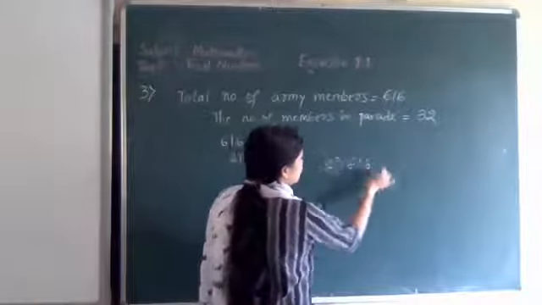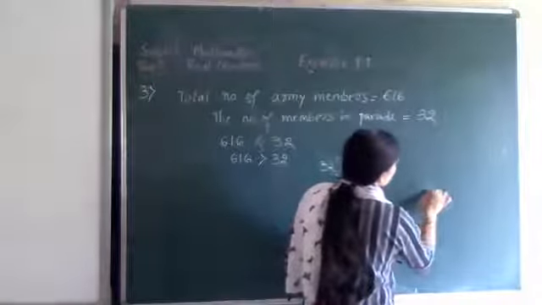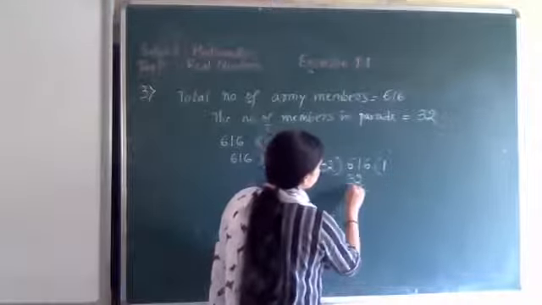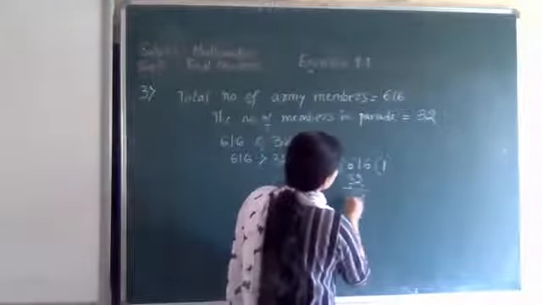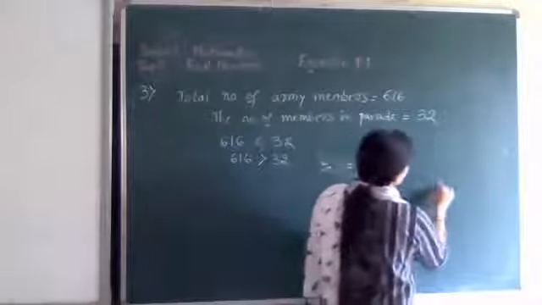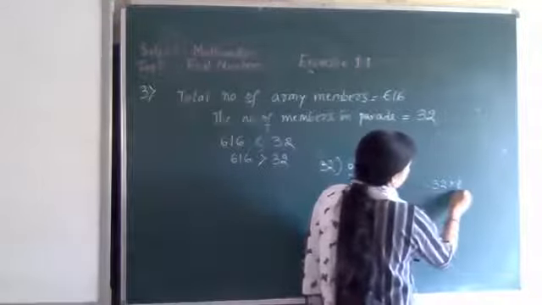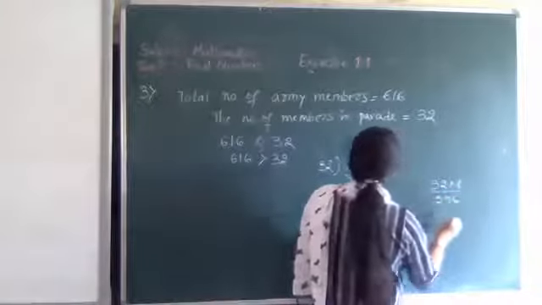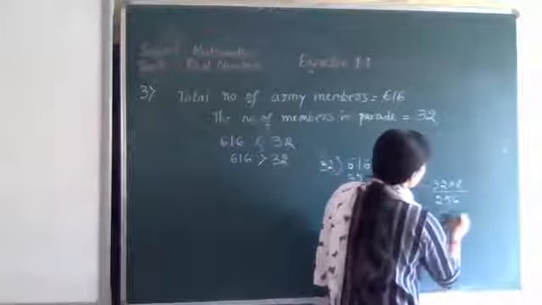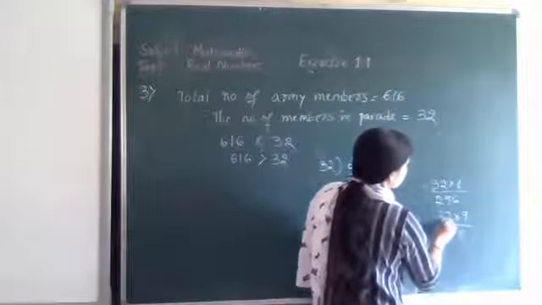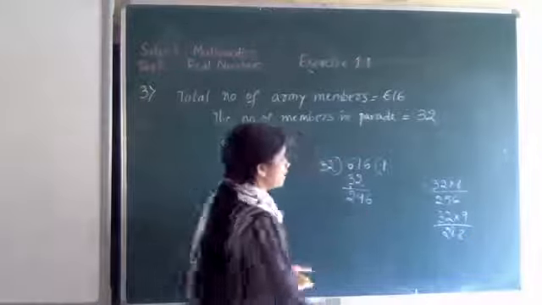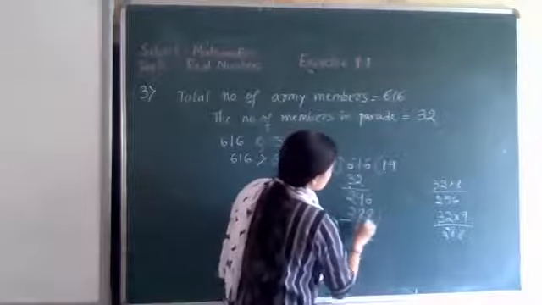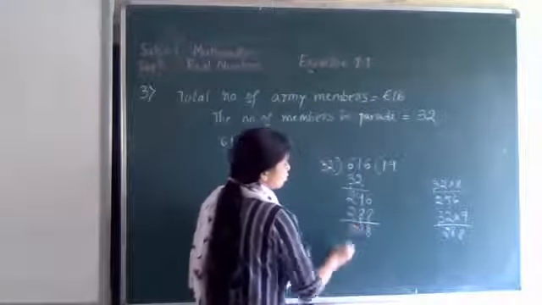What is 32 into 9? 32 into 9 is 288. We will get 288. Then 60 minus 8 is 8, 9 minus 9 is 0, 2 minus 2 is 0.